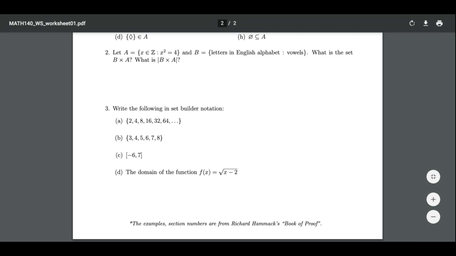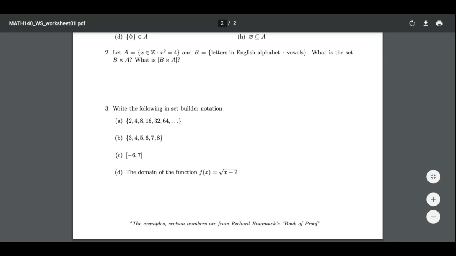So any number between -6 and 7, including -6 and 7, is in this set. So Lino is saying a set x in the real numbers, x is between -6 and 7 with -6 and 7 included. Great. So Lino's set is perfect.